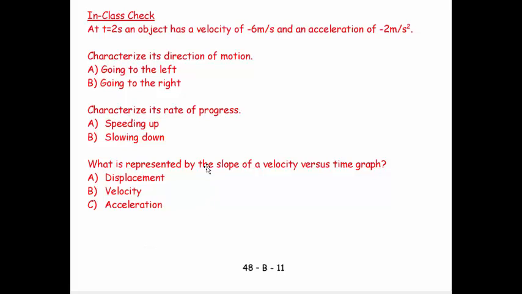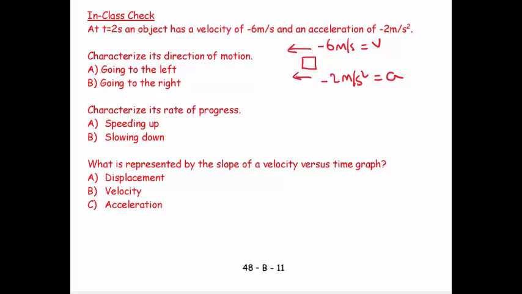Let's do some questions. I'm going to review a little bit from the last video first of all. An object has a velocity of -6 meters per second, and an object has -2 meters per second squared acceleration.